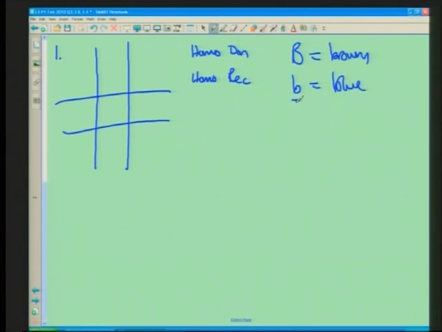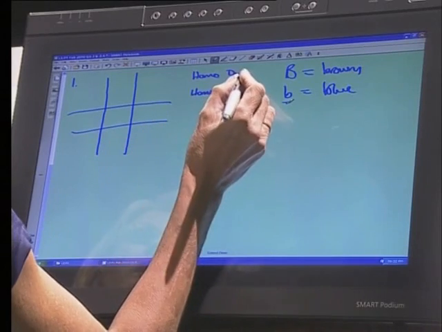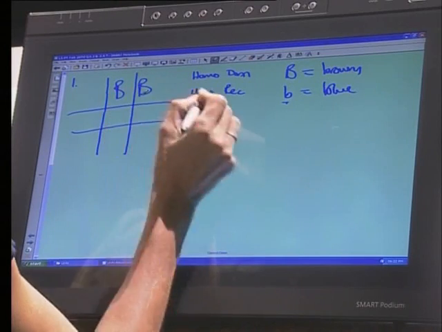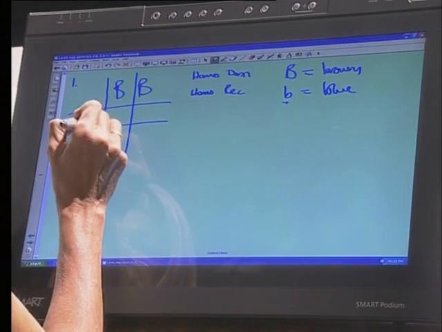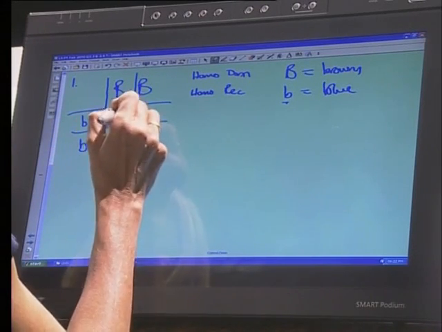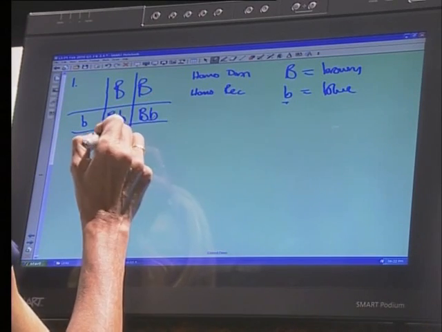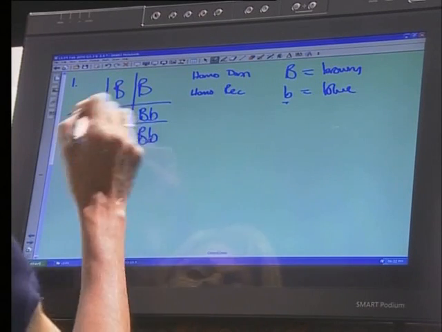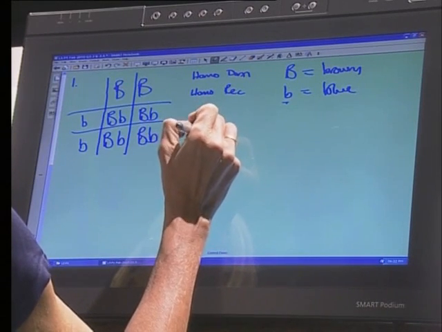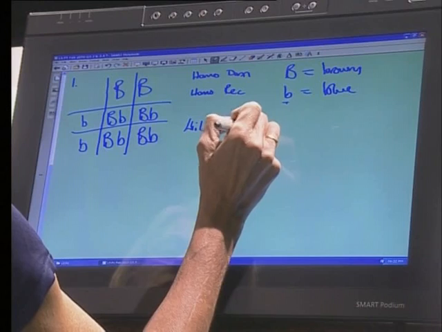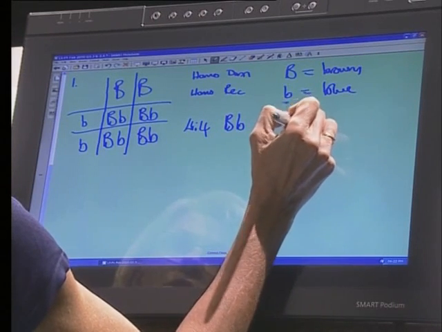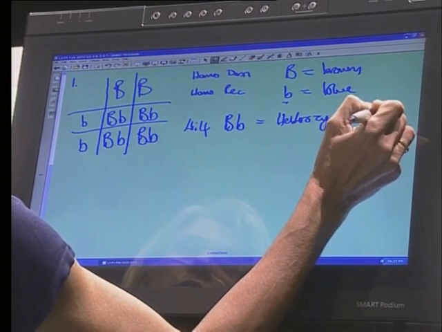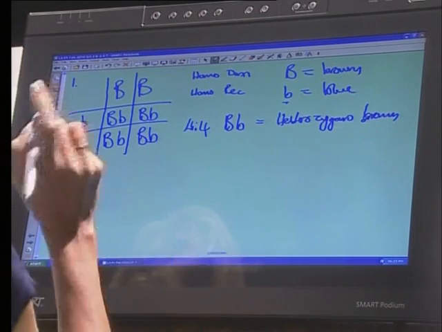So homozygous dominant parent, capital B, capital B, and homozygous recessive, small b, small b. All the offspring are going to be the same. They are all ever going to be heterozygous. You see that? Yes, ma'am, I do. So we're going to have 4 to 4, capital B, small b, heterozygous, brown. You with me? Yes, I am.